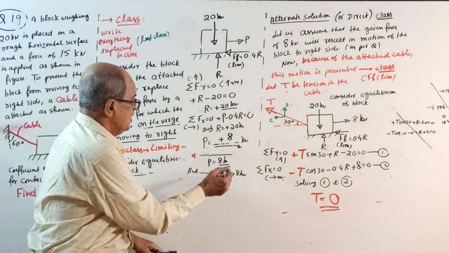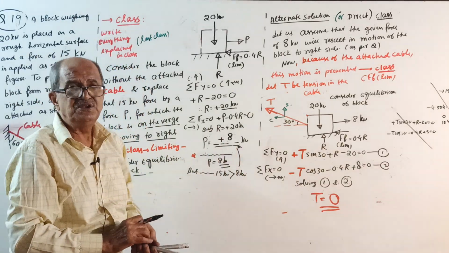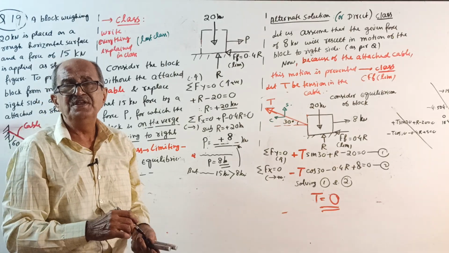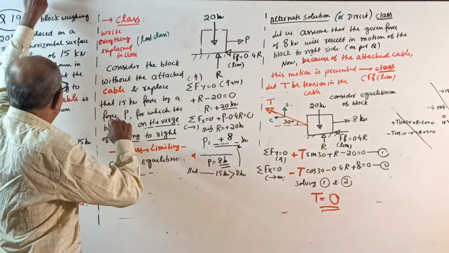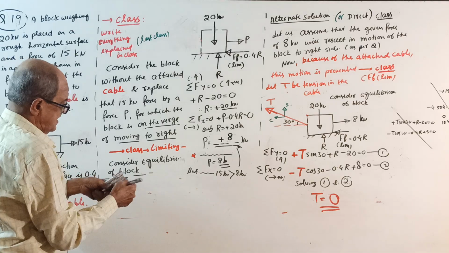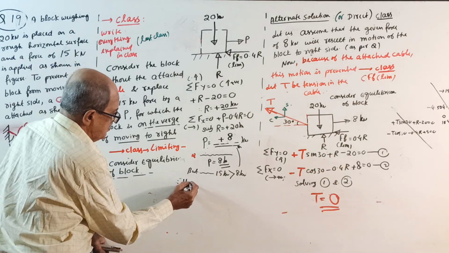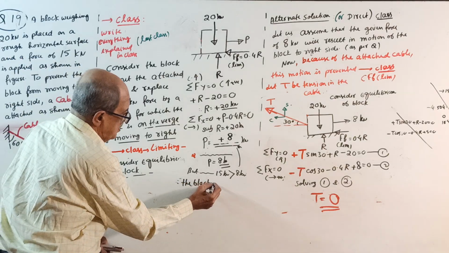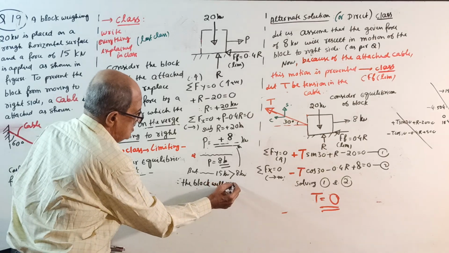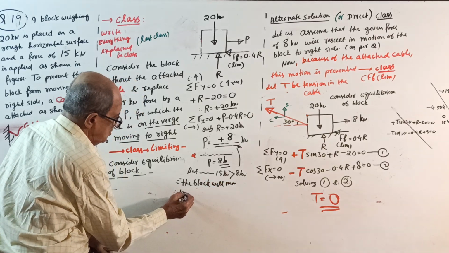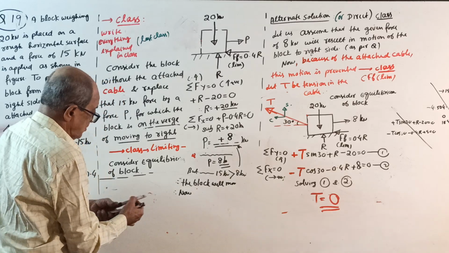The block is on the verge of moving when the force reaches 8, but you are applying 15. Therefore, the block will move. Therefore, now the cable will prevent the motion.